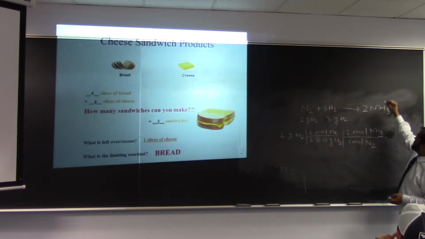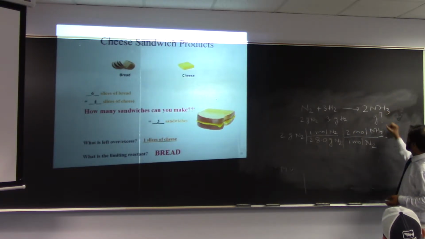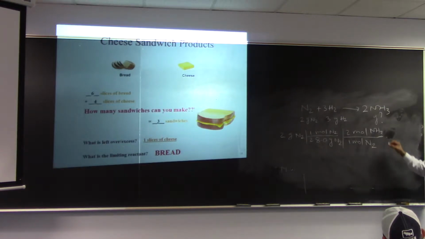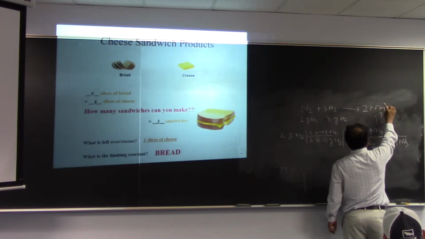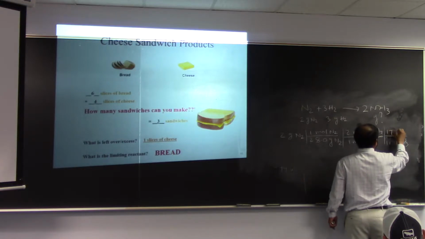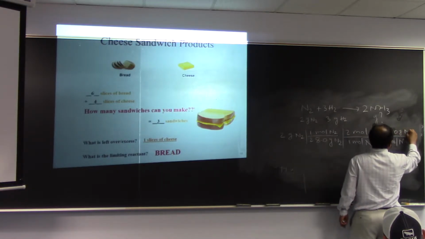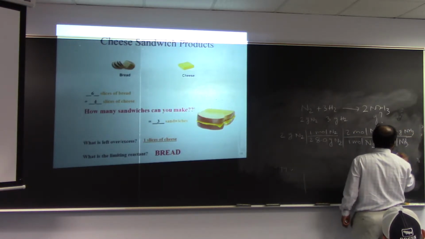So if it is gram, then you do one more step. Then 1 mole of ammonia equals 17.0 gram of ammonia.